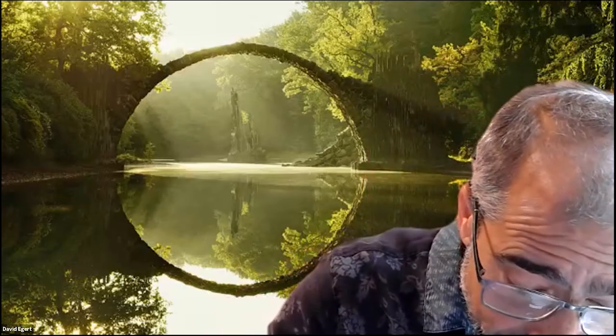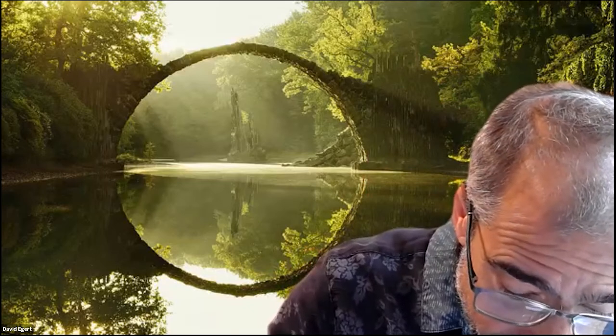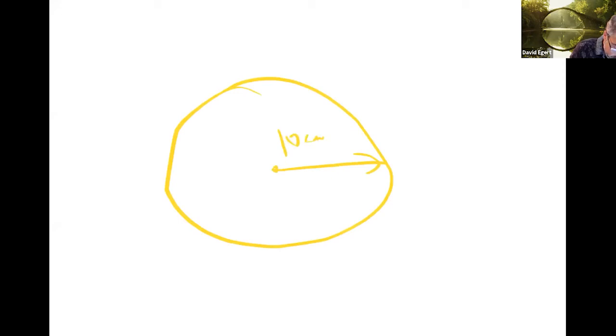If a cell was 10 centimeters in diameter, and I had an oxygen here, it would take months before it would diffuse all the way to the center.